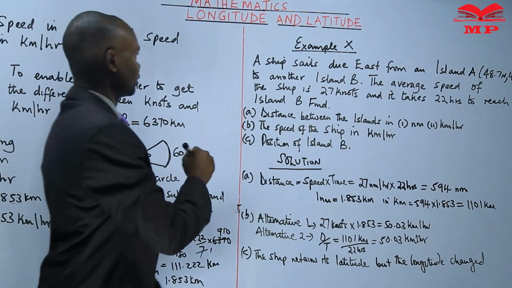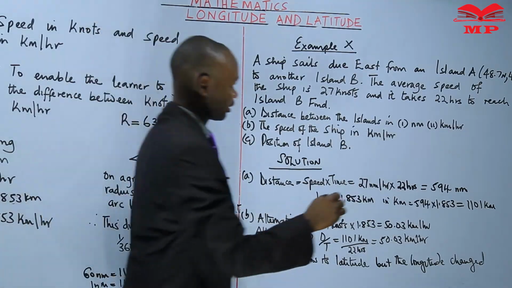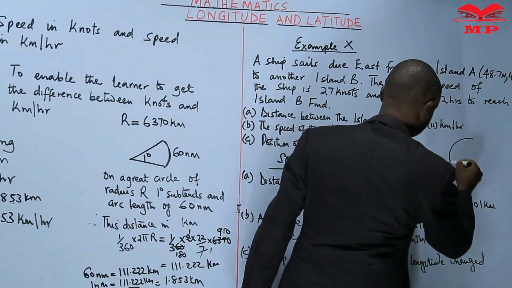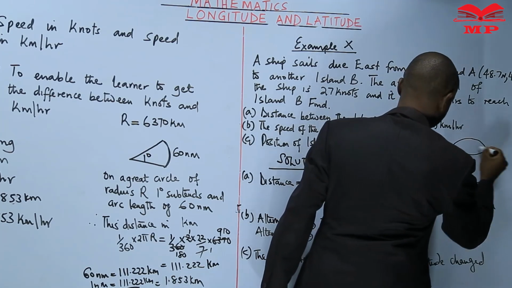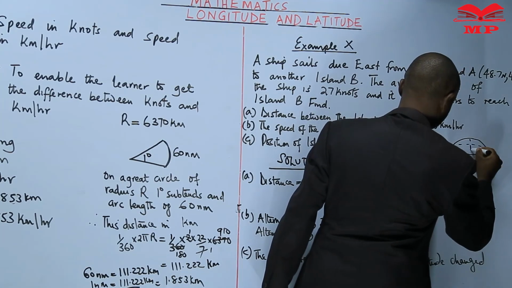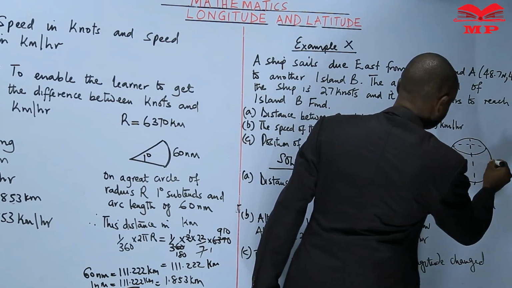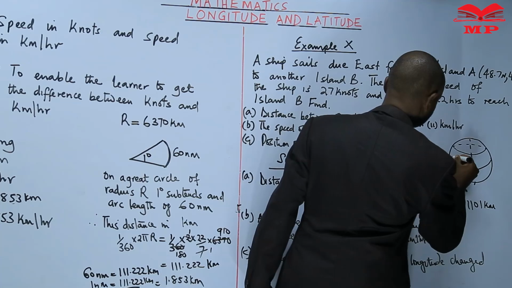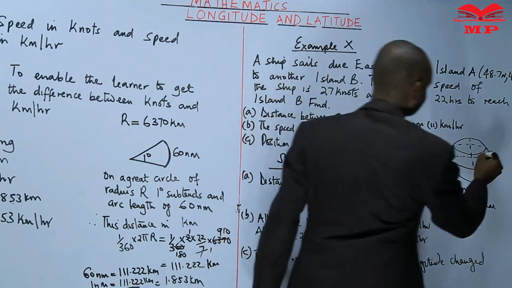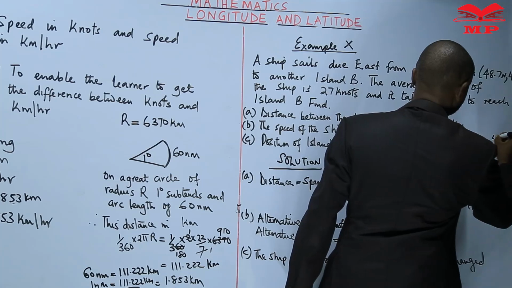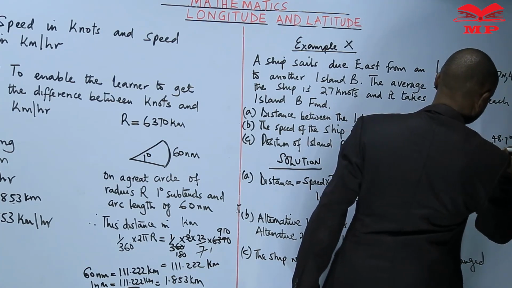So we have to find out how to get that longitude. Number one, you realize that the ship is moving on a small circle. So if I have that, the ship with that as the equator, you'll find 48.7 degrees. This is a small circle.